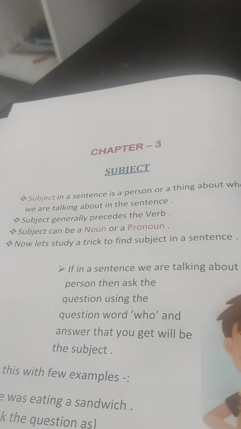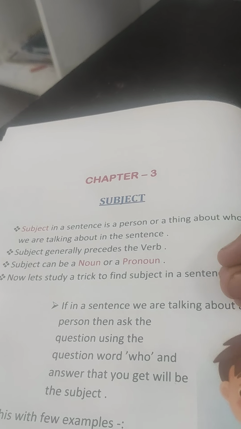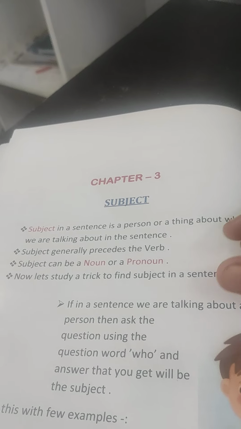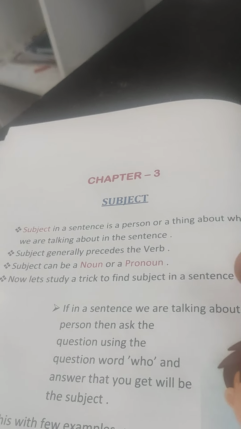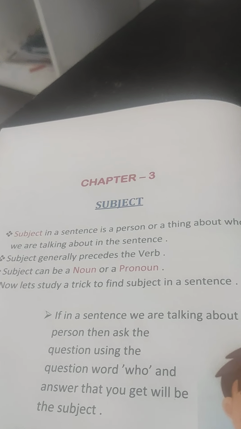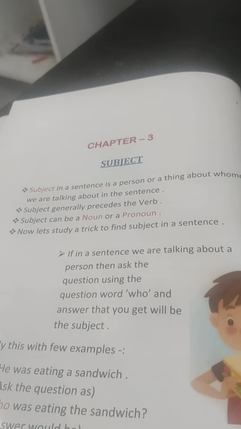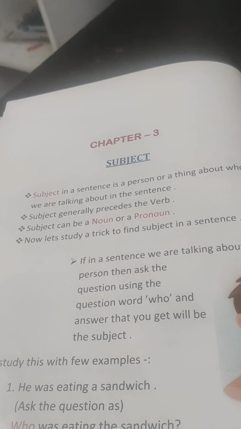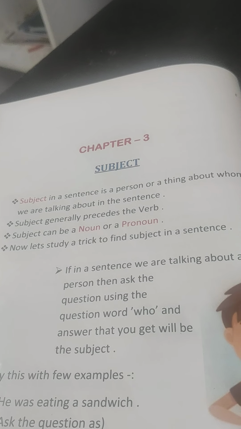Now the problem arises. It would be very easy for every child to find the subject in a sentence if there is only one noun. For example, if I say my name is Rohan, here there is only one noun. But the difficulty arises in those cases where there is more than one noun in a sentence.